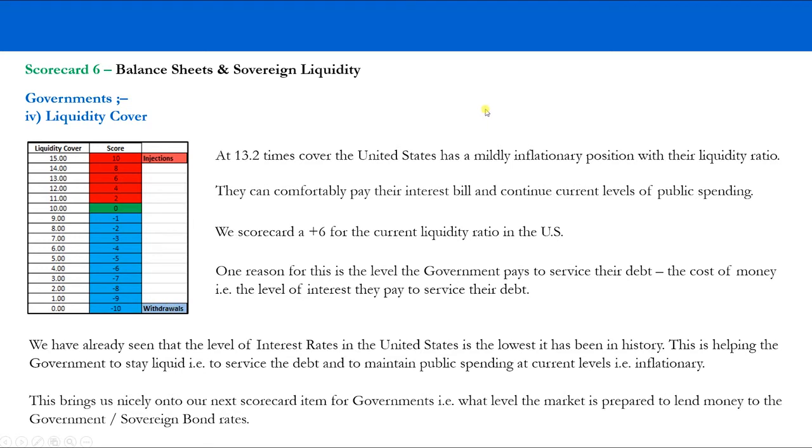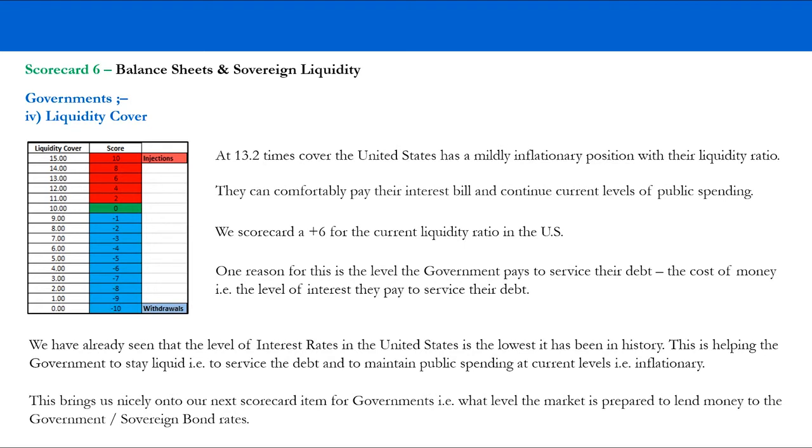And the US is currently at 13.2 times cover, which means they have a mildly inflationary position when compared to history, when we compare the current liquidity ratio to past liquidity ratios and the range that the US has put in historically for that liquidity ratio.